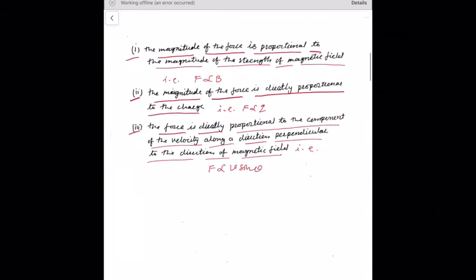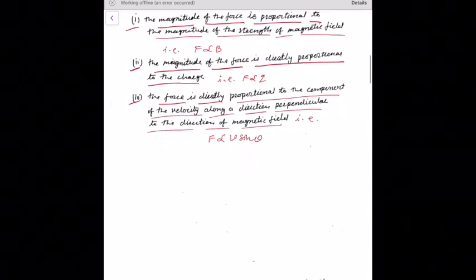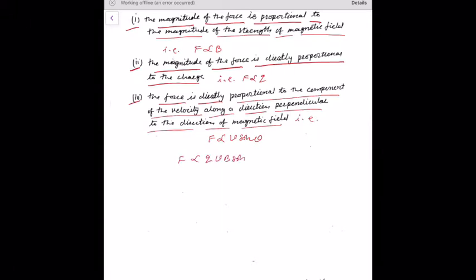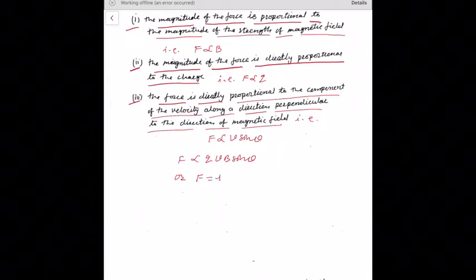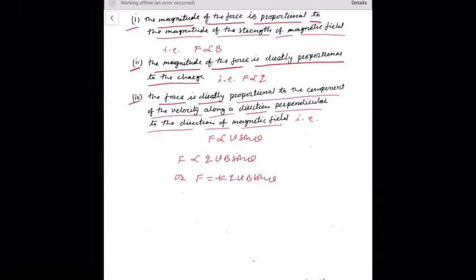So combining the above three factors, we have F is proportional to qvB sine theta, or F is equal to K qvB sine theta, where K is the constant of proportionality.